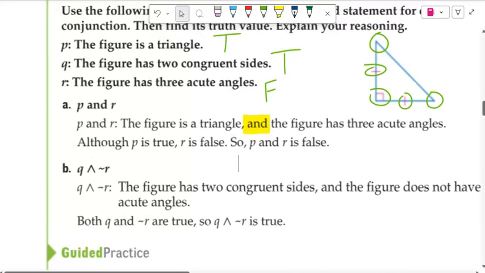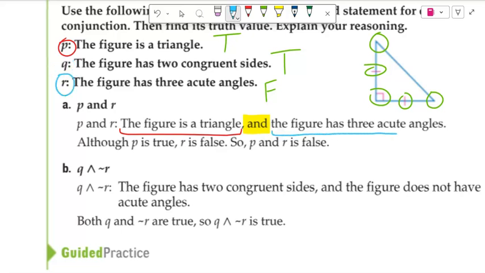So we're getting, again, literally P, if I were to circle that in red, color code this, and R in blue, right? The book is literally taking each statement verbatim, copying them down, and then just adding the word and in the middle. So I'm trying to help you see, let's not overcomplicate this.